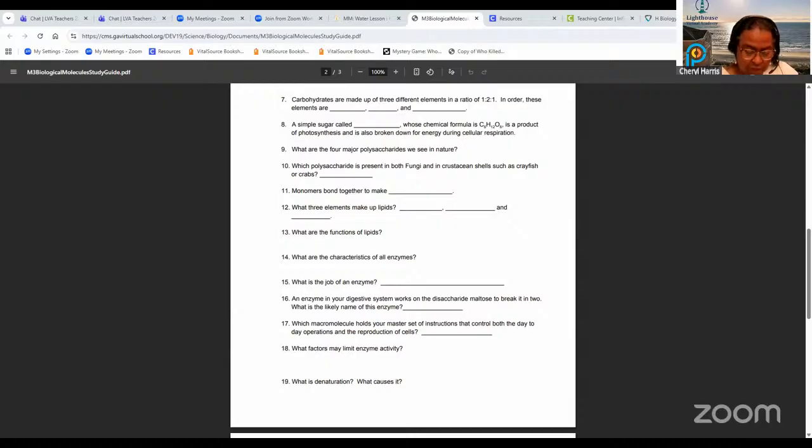And remember, all of these have more than one sugar. And most of these are disaccharides.